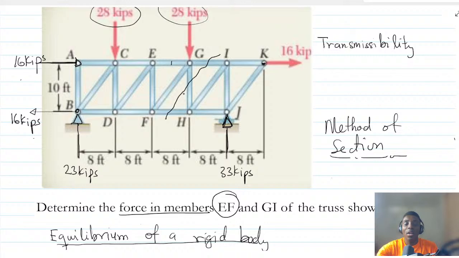So now the choice is yours. We can decide to go through vertically or we can decide to go through horizontally. Now if we go through vertically, what will happen?